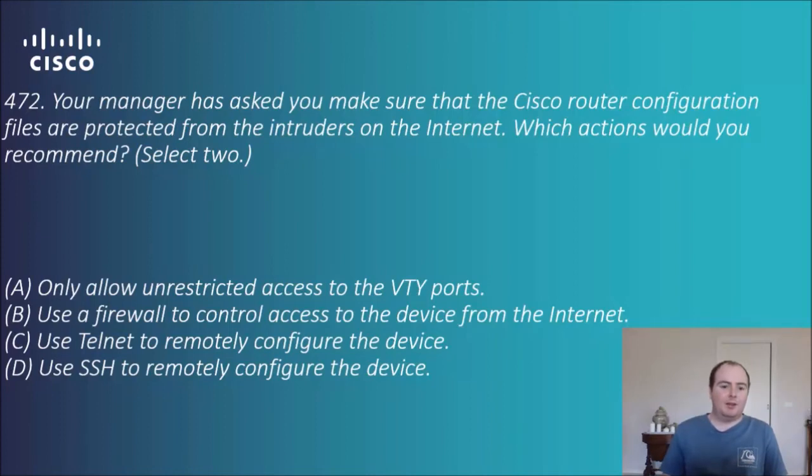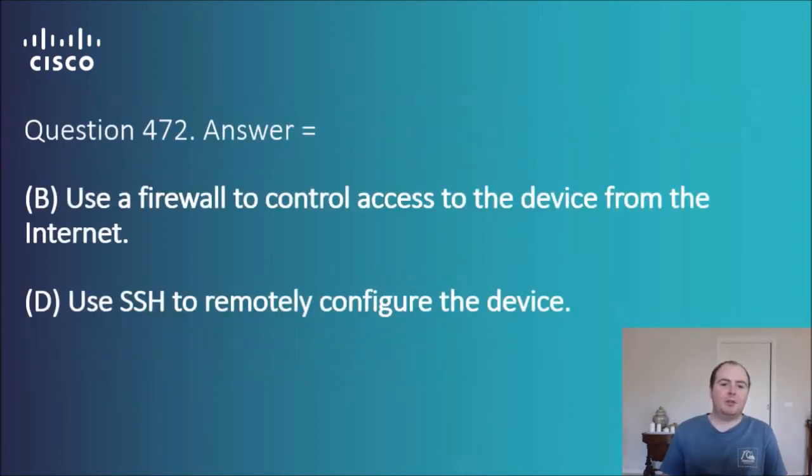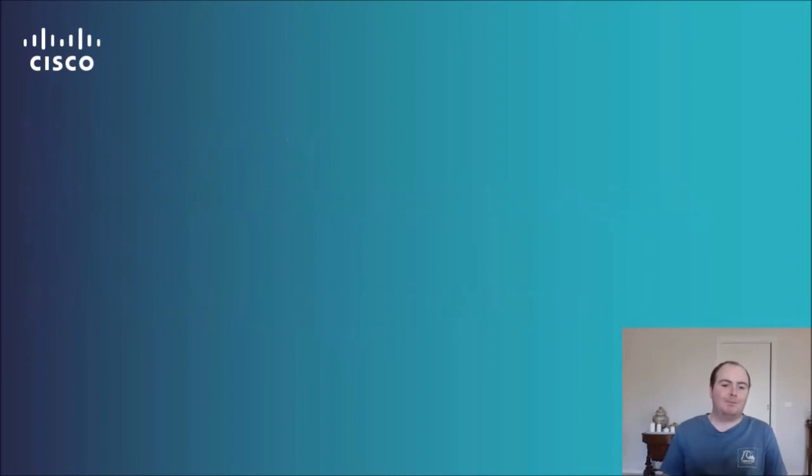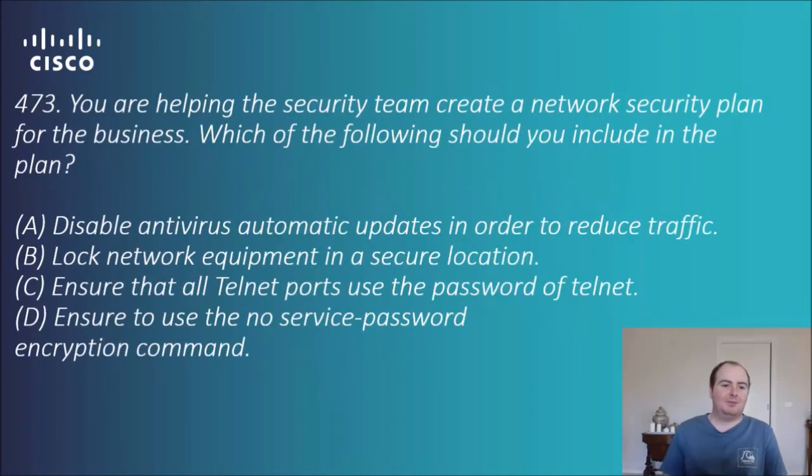And this will give you the answer. Telnet is an unsecure way to remotely configure a device because it's all clear text. Therefore, it is B and D. Use a firewall to control the access to the device from the internet. Makes most sense. Use SSH to remotely configure the device. That's a secure shell, unlike Telnet.